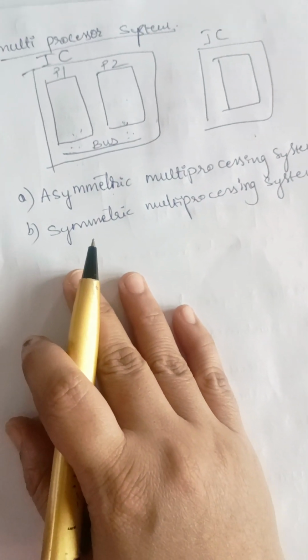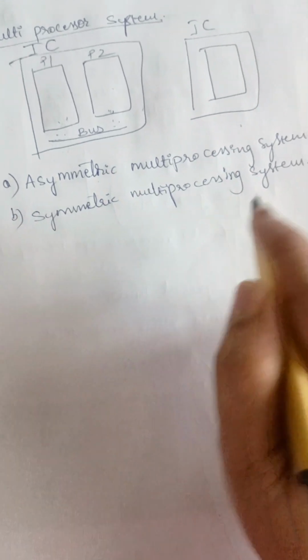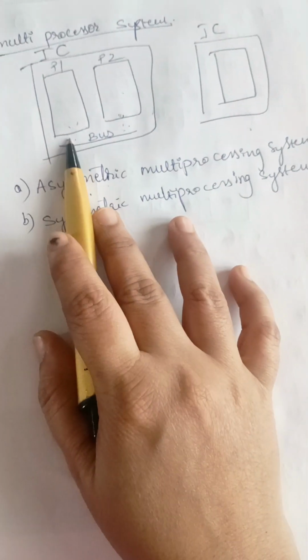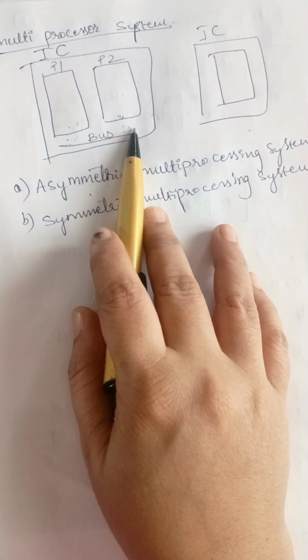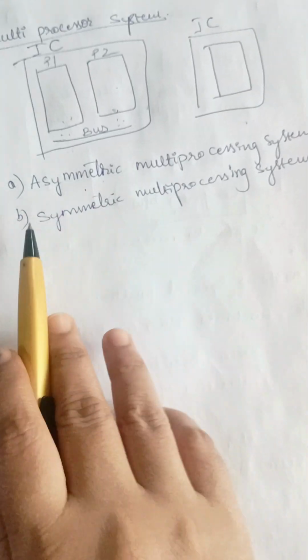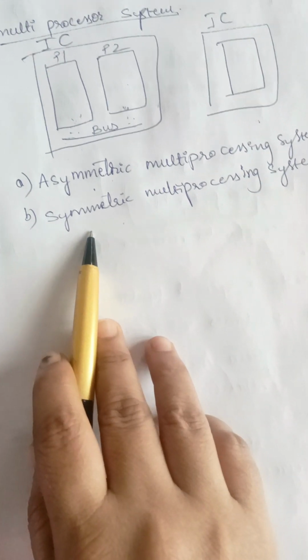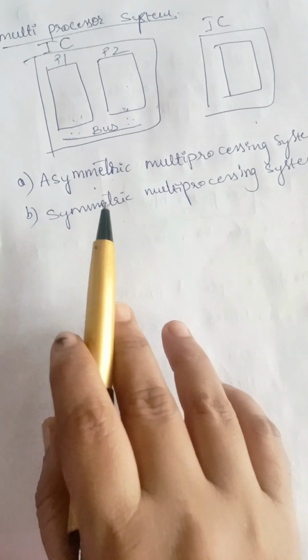In the asymmetric multiprocessor, more than one processor will be there, and again there are two types: asymmetric and symmetric. In asymmetric, each processor is assigned a specific task.